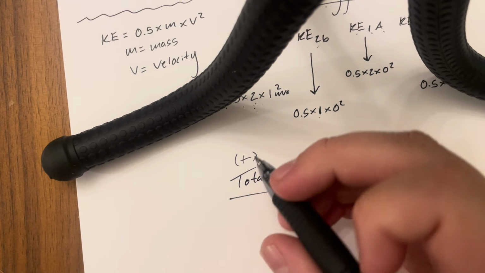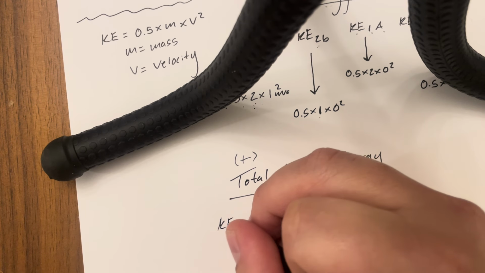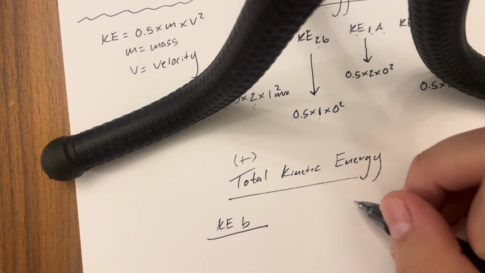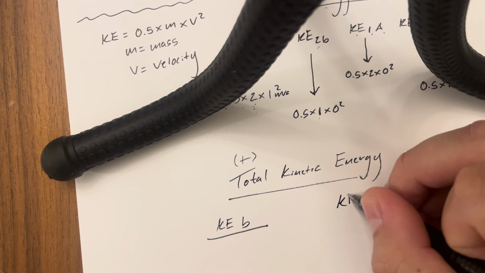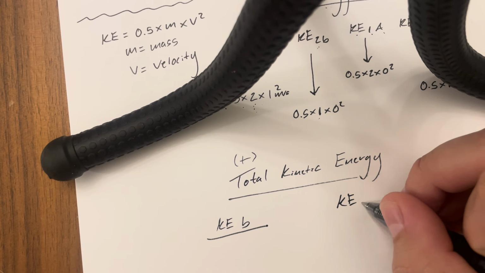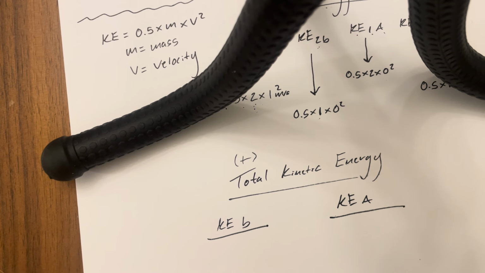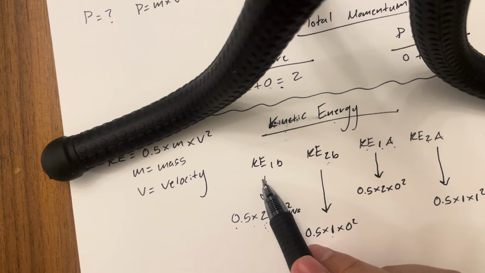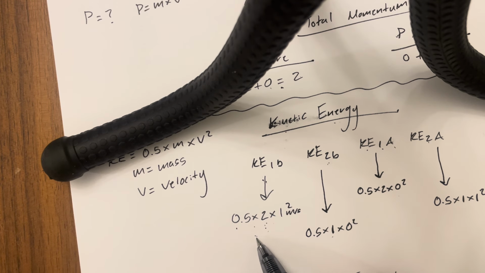So there are two you have to find: kinetic energy before, and kinetic energy after. To do this, we're going to add our two kinetic energies before. So that'll be this one, whatever you get for this value, and whatever you get for this value right here.